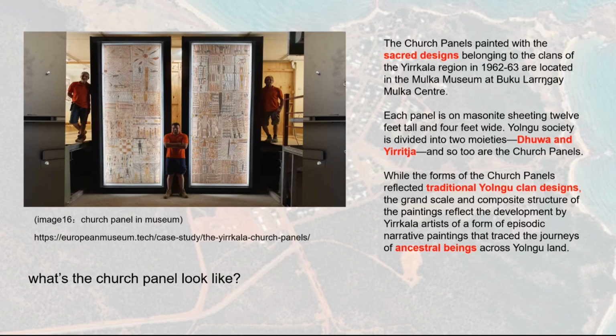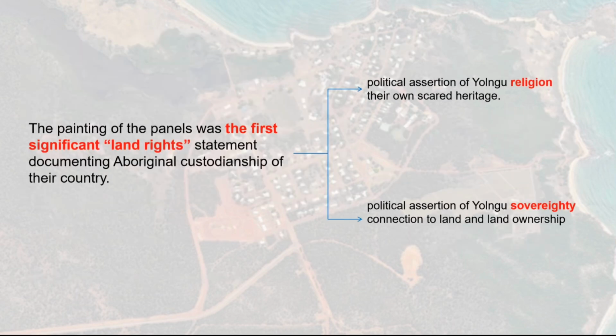The next one is the Crutch panel. It is a kind of clan design. Talk about jewelry and character, reflecting traditional Yirrkala designs, tracing the genius and ancestral beings across Yolngu lands. So, this painting of the petitions was the first significant land rights settlement document.